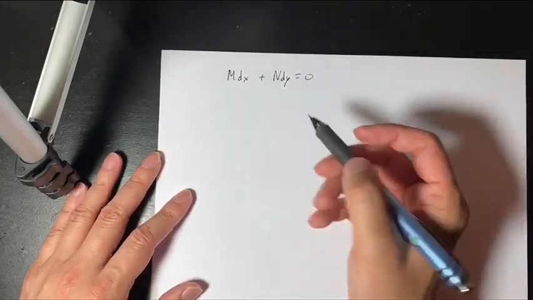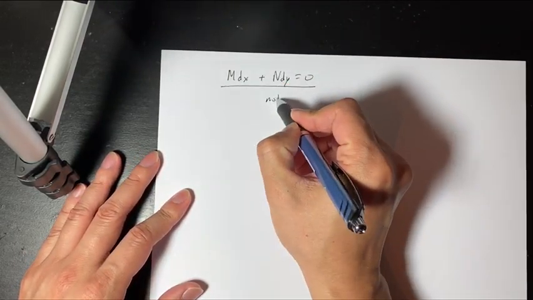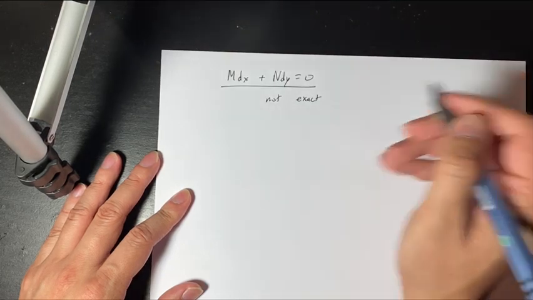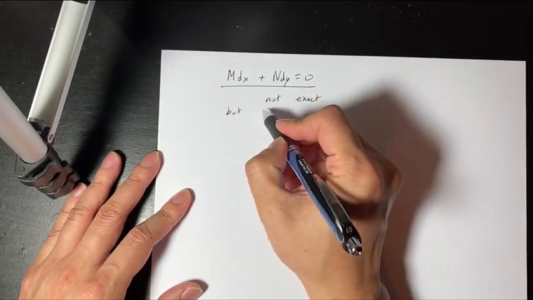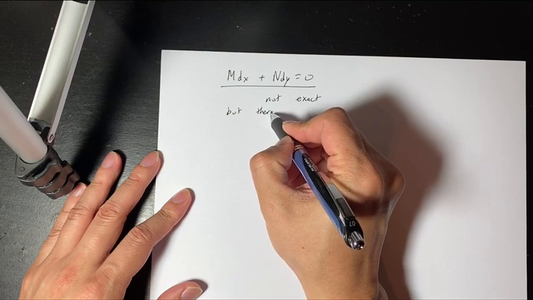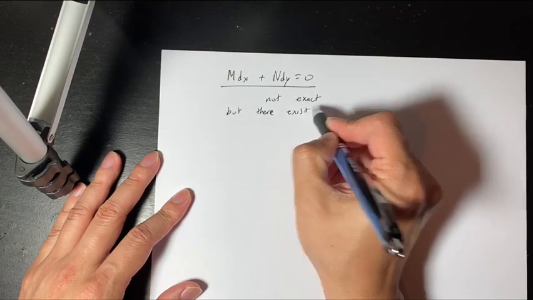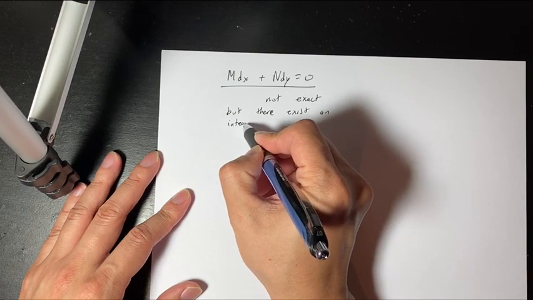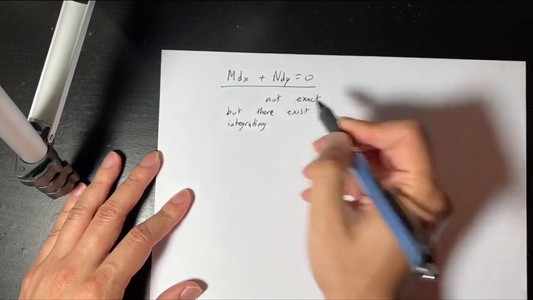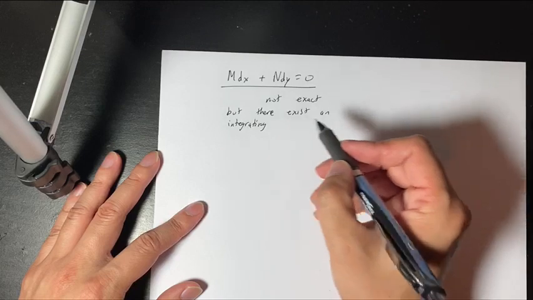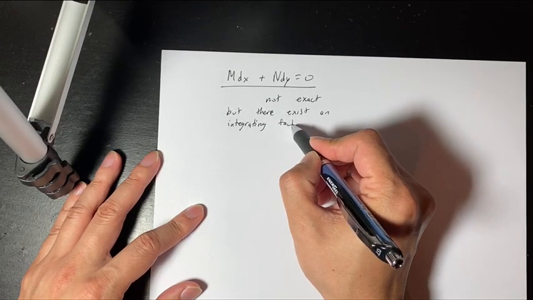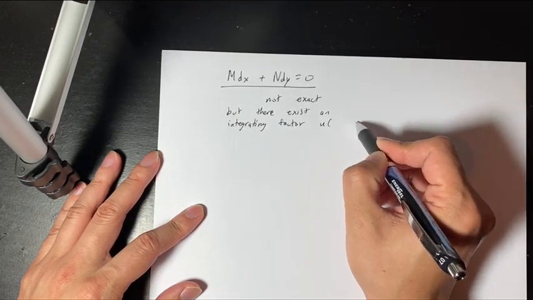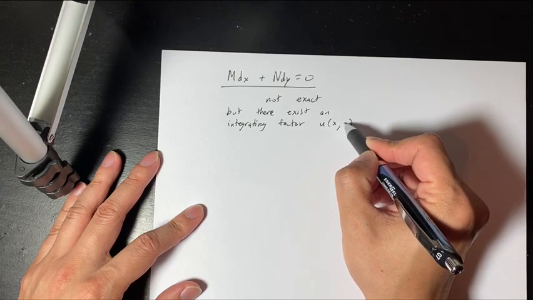We're going to assume that it's not exact, but that there exists what we call an integrating factor, which is that common factor that we cancel out. And we can't assume that it's just purely in terms of x or in terms of y.